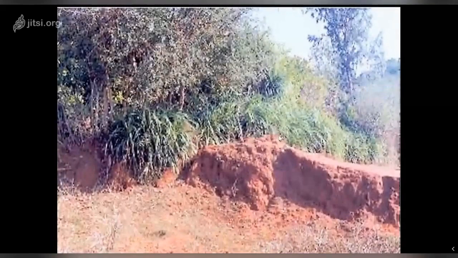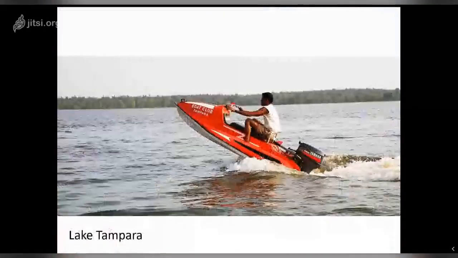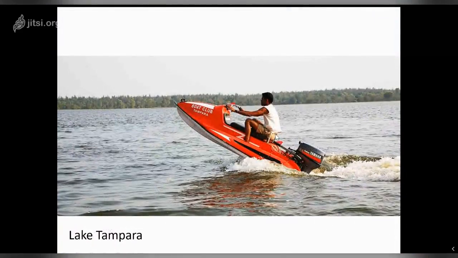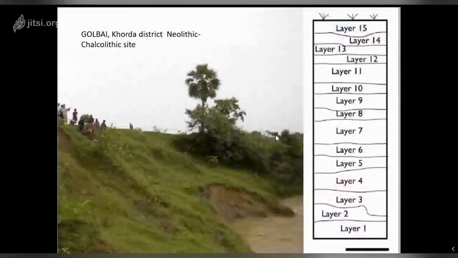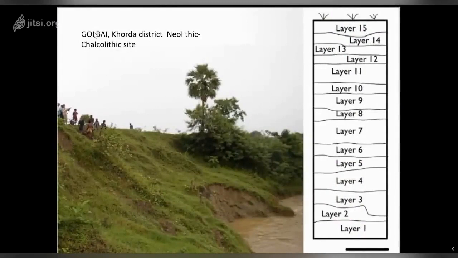After seeing this part of Tampara Lake and Gopalpur, we would normally go back to Rambha, spend the night there, and then start in the morning for going back to Bhubaneswar. Then we take a straight drive on the highway. On the way, there is a location, Golbai, very close to Khurda, where a Neolithic settlement has been discovered by the Archaeological Survey and also by the State Archaeological Department.